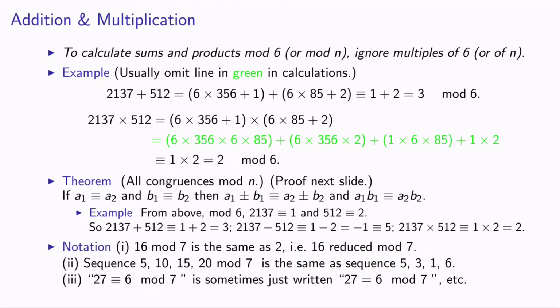And continuing along in that vein, if we say something like the sequence 5, 10, 15, 20 mod 7, then that's the same as the sequence 5, 3, 1, 6 mod 7, which is just 5, 3, 1, 6, because 5 is 5, 10 is equal to 3, 15 is equal to 1 mod 7, and 20 is equal to 6. And as I mentioned before, sometimes instead of writing 27 is congruent to 6 mod 7, we'll just write 27 is equal to 6 mod 7.